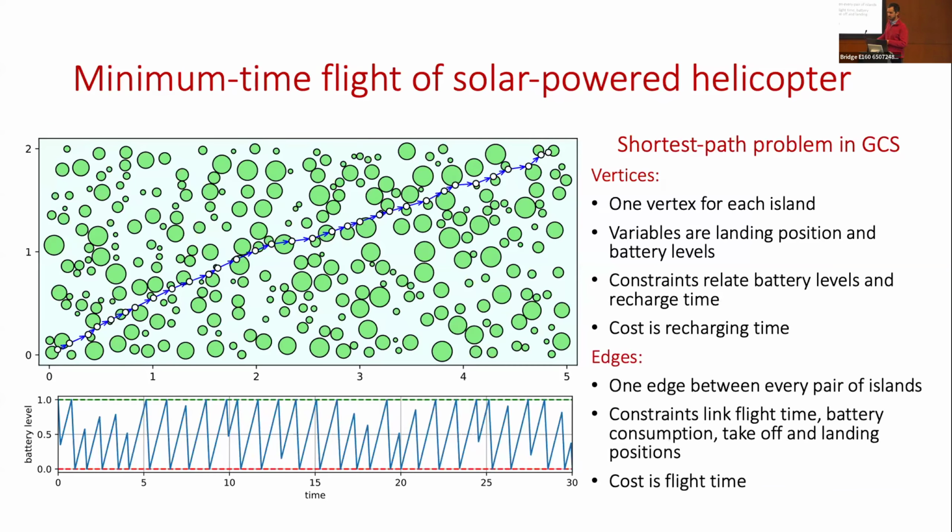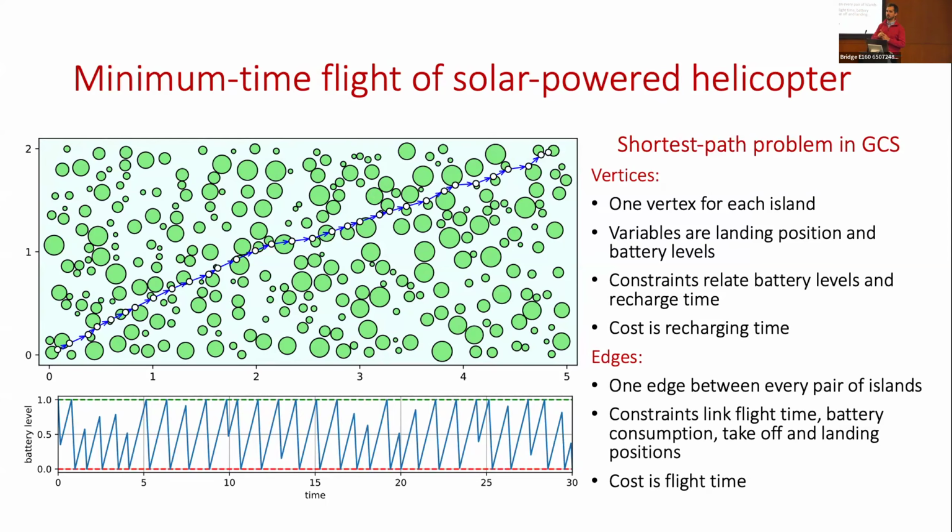Similarly, edges link every two islands that are close enough. So edges essentially represent flights between islands, and the constraints on the edges link the flight time with the battery consumption, takeoff and landing position, etc.